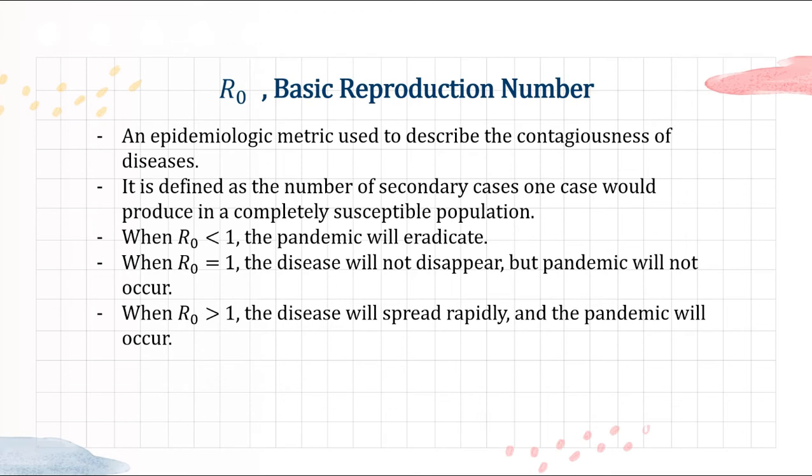When R0 is equal to 1, then the disease will not disappear, but at the same time, the pandemic will not occur. And last but not least, when R0 is greater than 1, that means the disease will spread rapidly and the pandemic will occur.